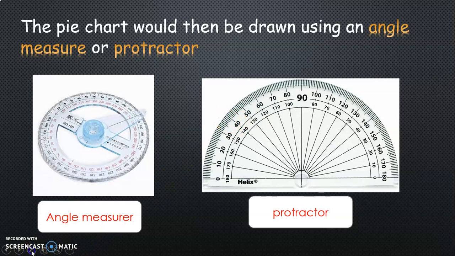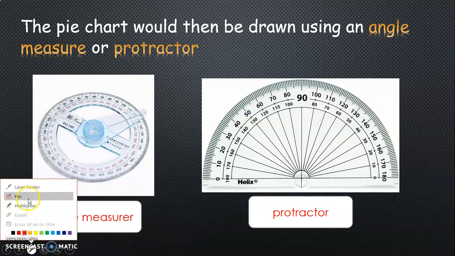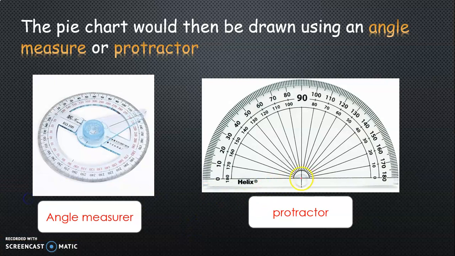Let me show you one. For example, our point is here. As you see, the angle will be here. Now, I want 40 degrees. So my 40 degrees is from here. This is my 40 degrees. Understand? Next, if my angle is from here, then I will draw like this.